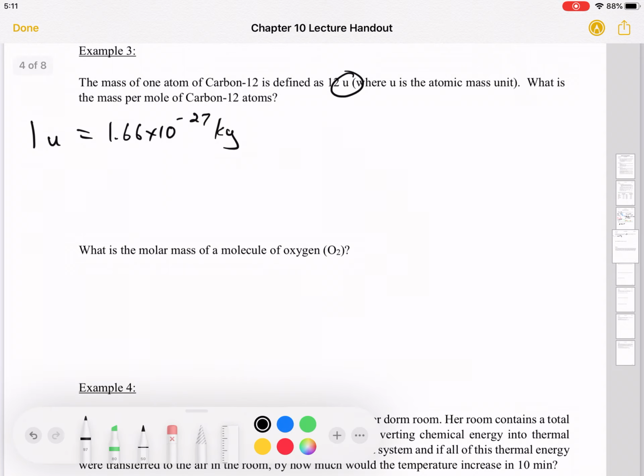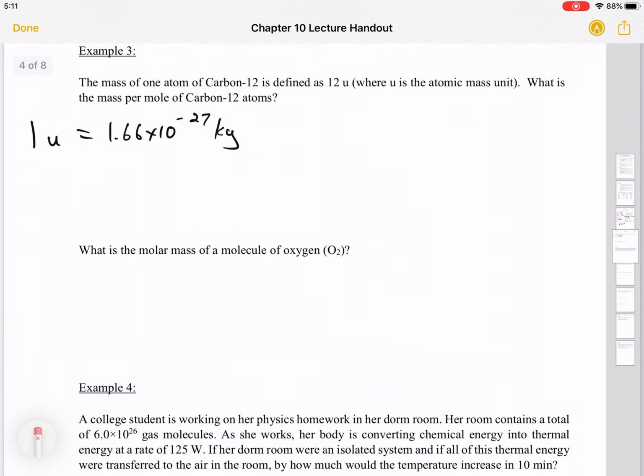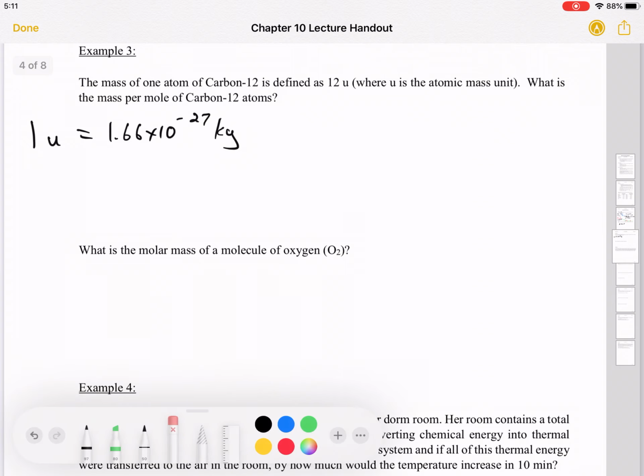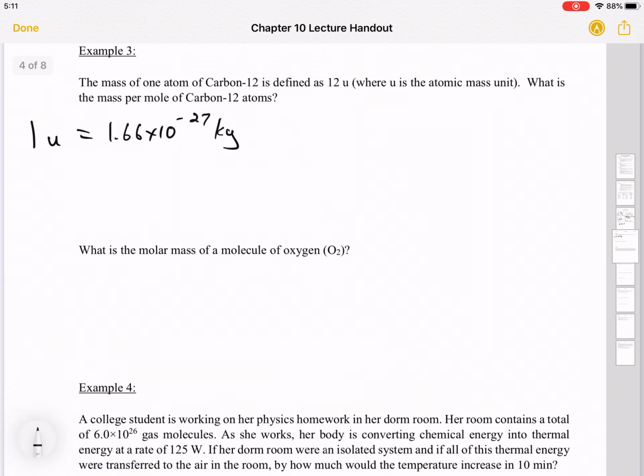So the question here is, what is the mass per mole of carbon-12 atoms? Carbon-12 just means it has 12 nucleons, right? As opposed to carbon-13 or carbon-14, which are different isotopes of carbon.